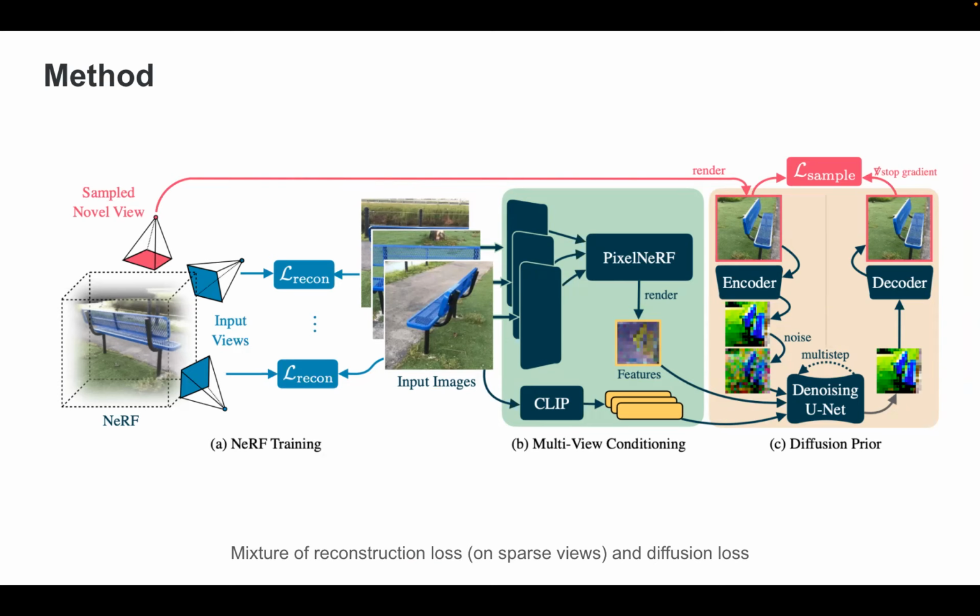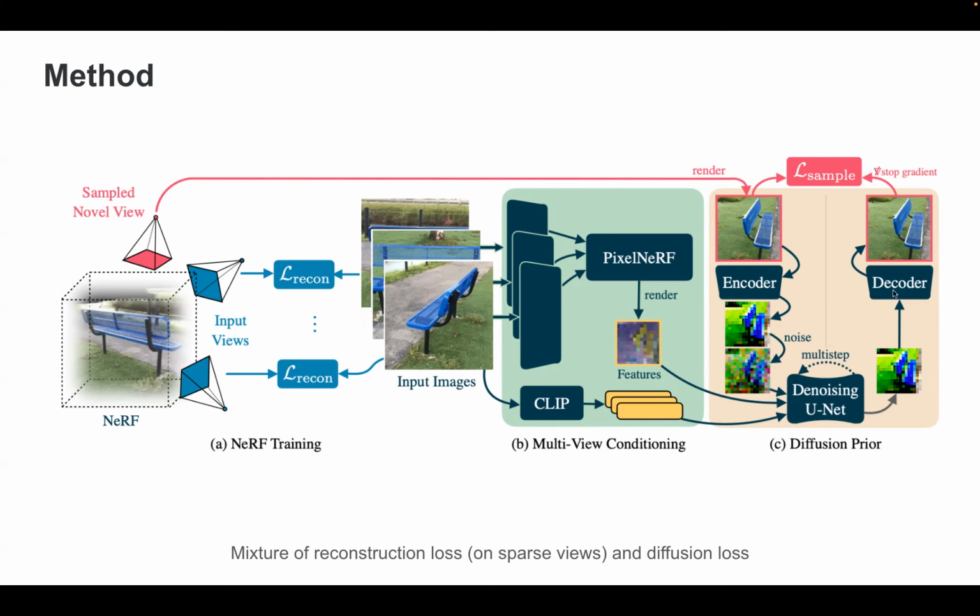You have multiple views here, let's say 3 views. You encode these 3 views with PixelNerf into a feature volume, and then you render it from your target view. The main idea is to use nearby views. Instead of just using the diffusion loss for this new view, you also use nearby actual input views from your data set to give it more guidance from the real data.